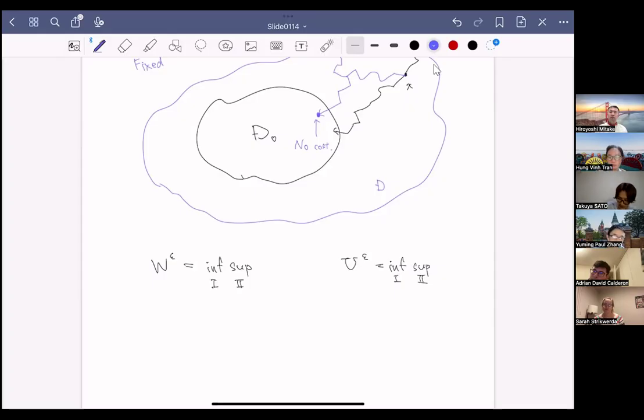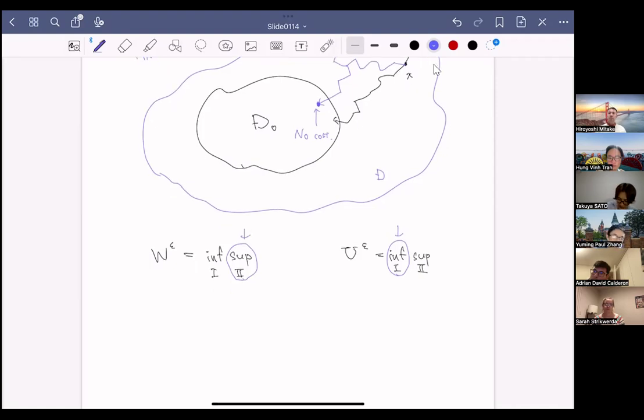So if player one takes this strategy and player two takes this strategy, then this W epsilon is less than, sorry, this infimum.